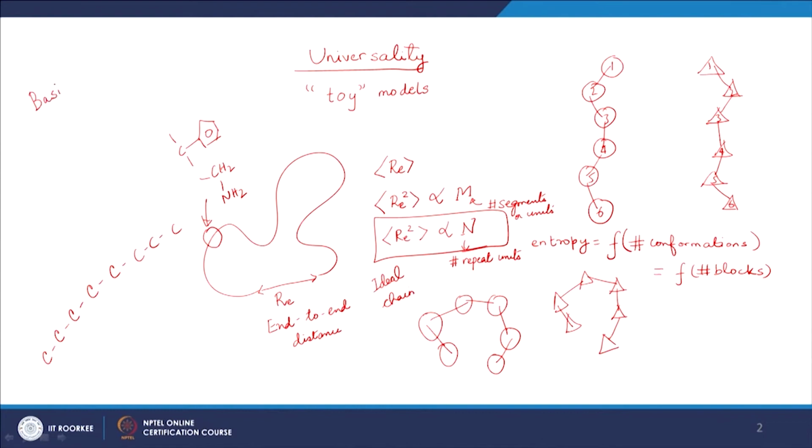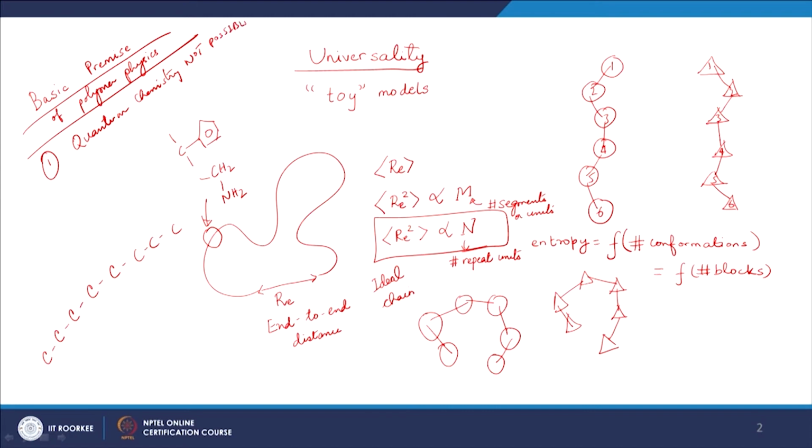So, this is, I would say, the basic premise of polymer physics. One, quantum chemistry is not possible, and second, toy models do work for many features.